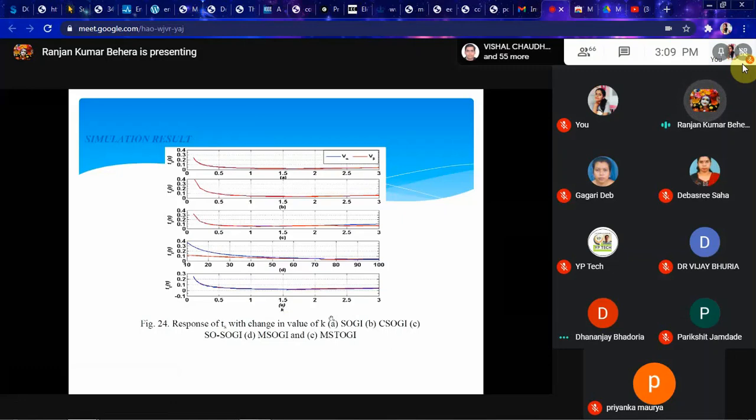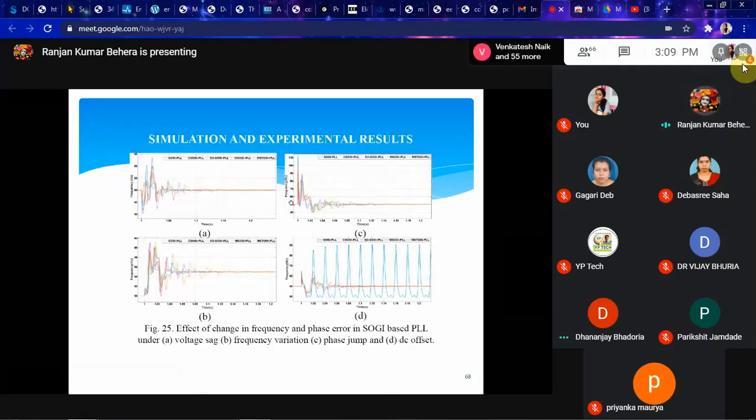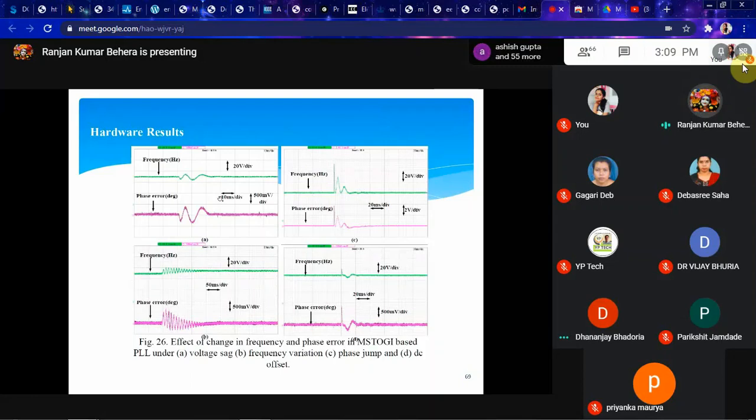These are the simulation results where you can see that different kinds of PLL are implemented, under a voltage sag, and all the PLLs are compared here. And this is the experimental result of all these things, whatever we have done there.